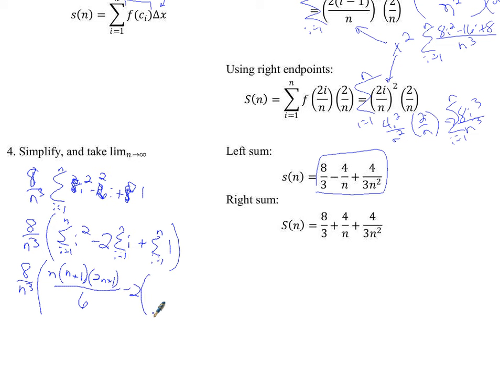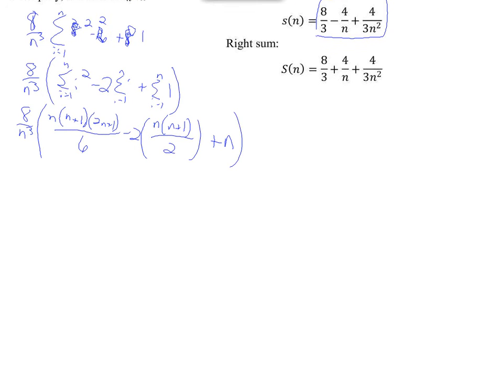Then minus 2 times... over 2, okay? And then plus n. 1 times n is n. Okay, so now the sums are gone. Let me do us all a favor and put this up here, because that's what we're feeling right now, but we have to continue. Okay.